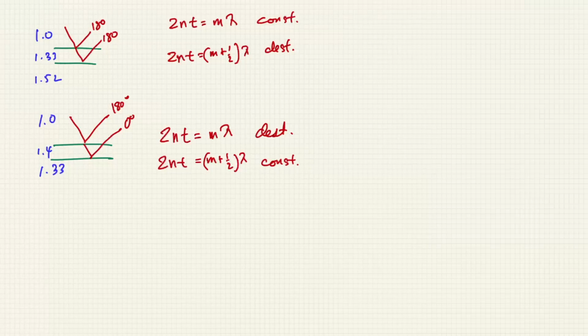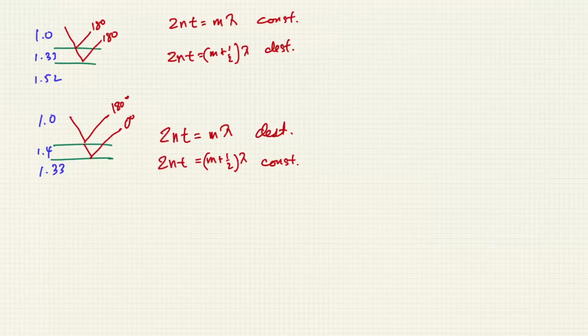This is what you have to do for every problem. You have to figure out what the phase changes are, and then you need to apply the equation correctly to determine whether it's constructive or destructive. For every problem, my advice: draw the picture, put the phase changes on it based on the indices of refraction, write down the equation, specify what the equation means.